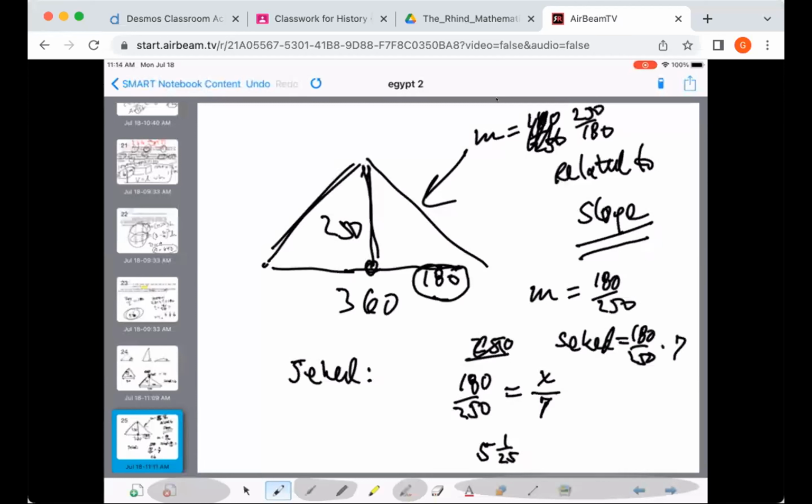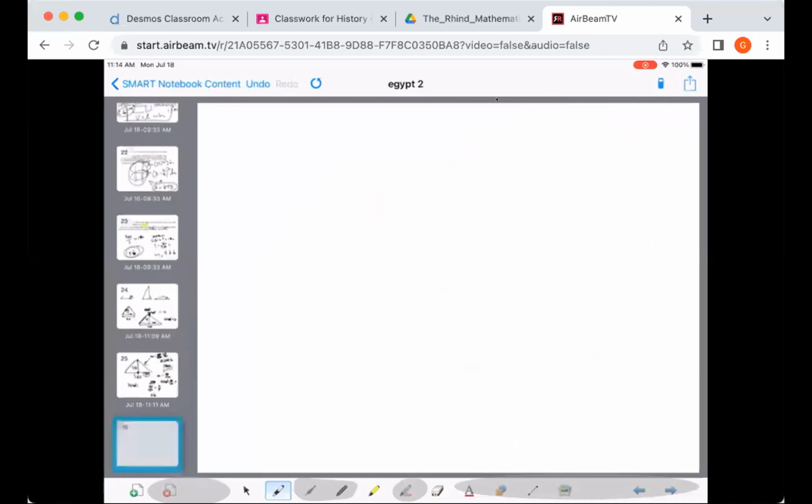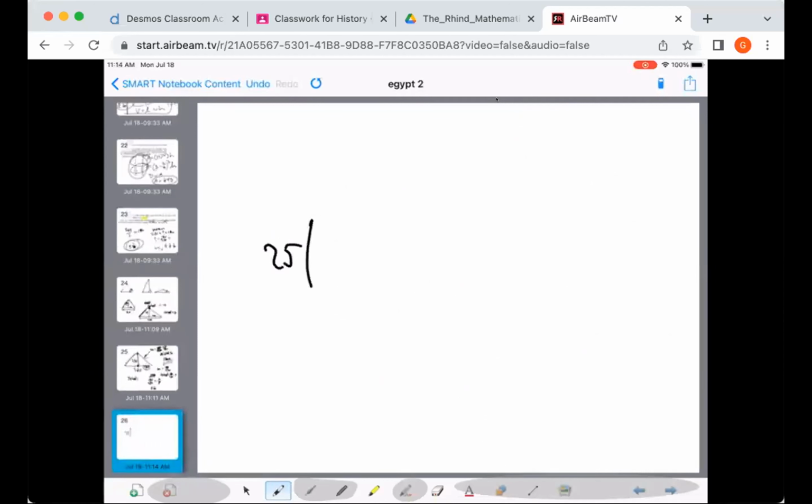So the secant is very much related. So the bigger the secant is, let's put up a picture. So if I have 250, 180, I should have made the 180 smaller than the 250. Seked is equal to 5 and 1/25.